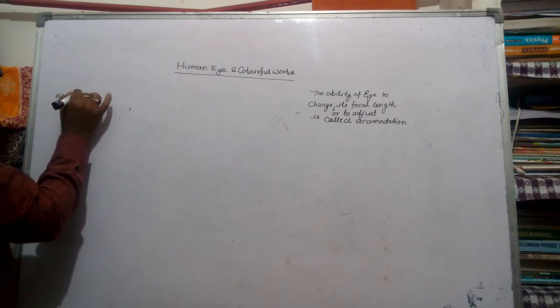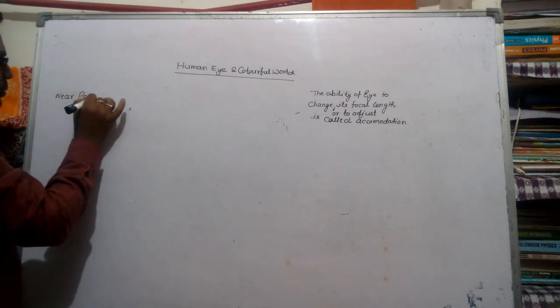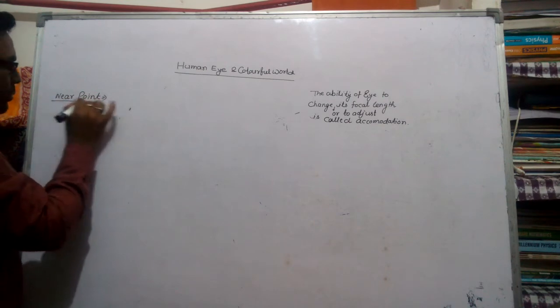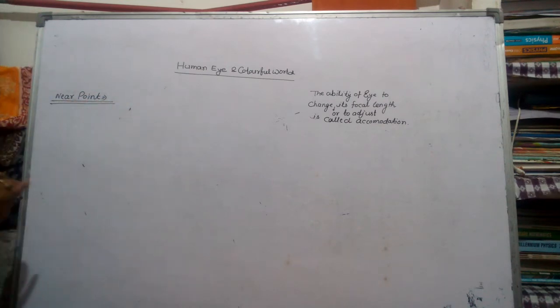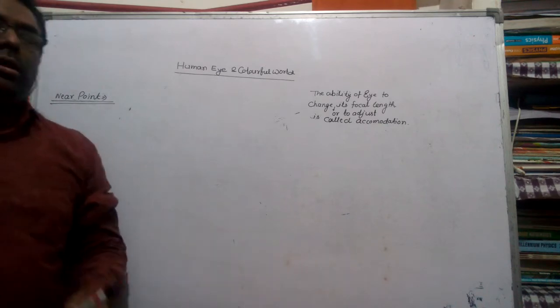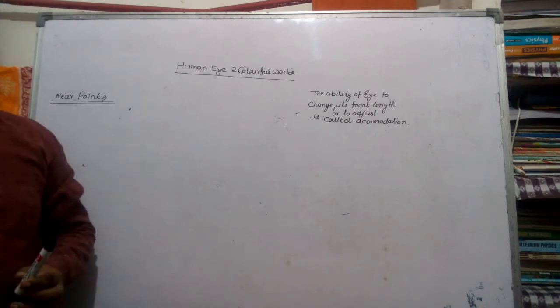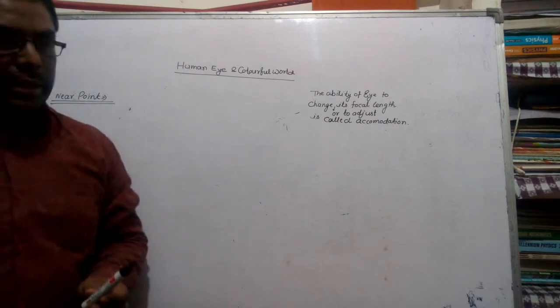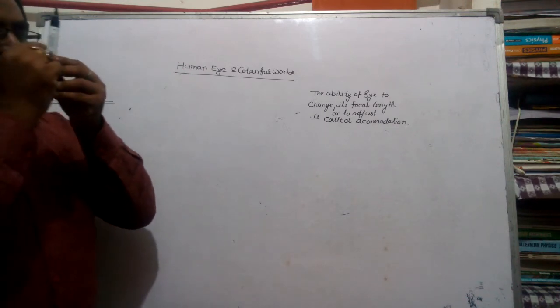Near point means, beta, there is some distance. Just imagine if you want to see any object in this way.